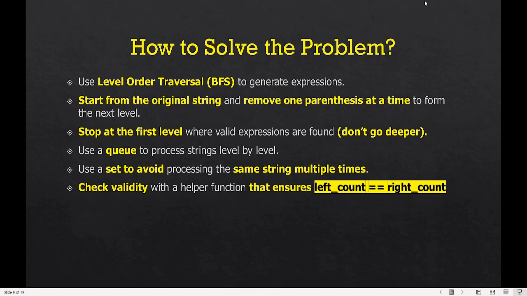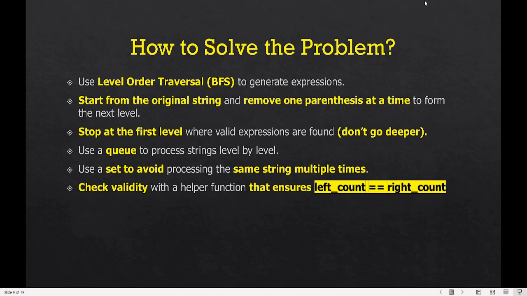We will start from the original string, that is the invalid expression, and remove one parenthesis at a time to form the next level. We will stop at the first level where valid expressions are found. If we get a valid expression at any level, we'll stop there. At that level, all the valid expressions are the answer.